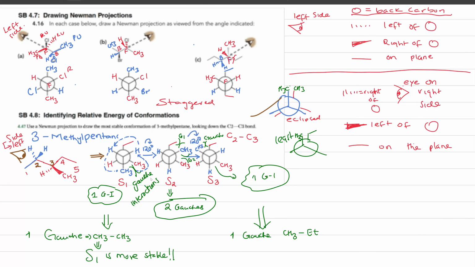So if, for example, in the one that we just did, there was another CH3, there would be equal stability. If you rotate them and you have CH3 close, then that would be equal stability. However, never compare an eclipsed to the staggered. Always the staggered wins. Okay, got it.